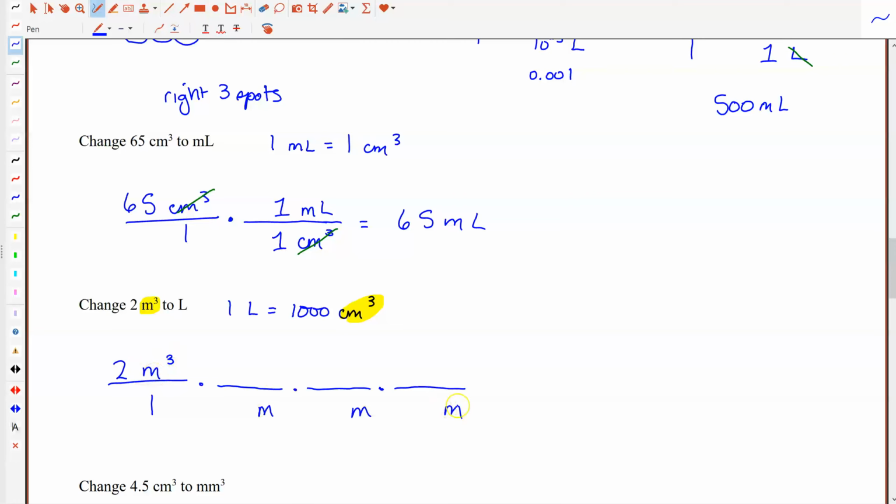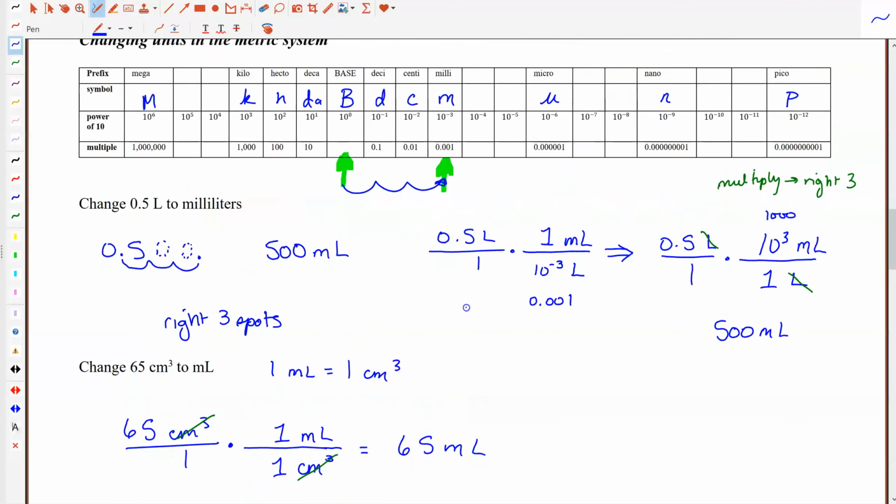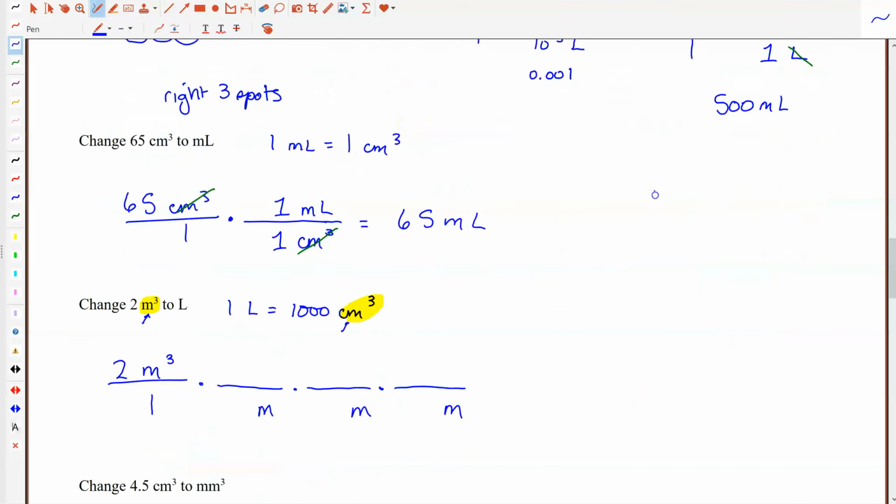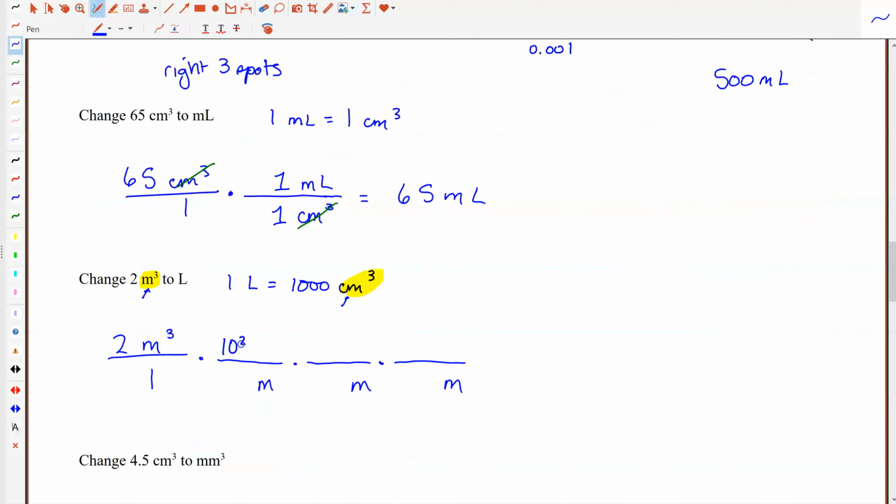I start with 3, I have to convert out 3. Now again, what I'm trying to do right now is convert from meters to centimeters. And the relationship, if I go back up here from my meters, which would be my base, to centimeters, is there's 10 squared or 100 centimeters in 1 meter.